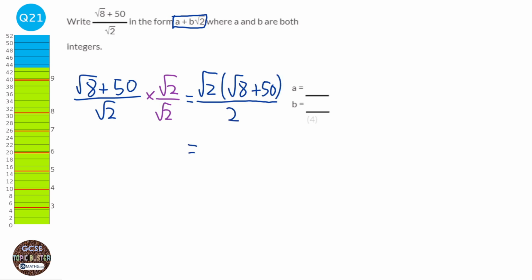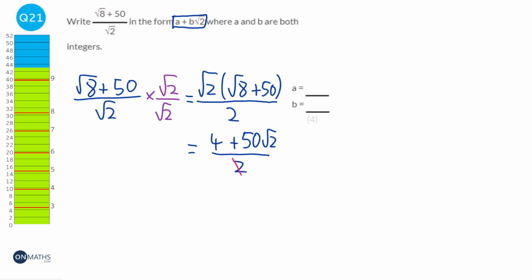And we can multiply out this bracket. So root 2 times root 8 is root 16, which is actually just 4. So it would be 4 plus, and then root 2 times 50 is 50 root 2, all of that over 2. And then we can divide top and bottom by 2 to get rid of the fraction.